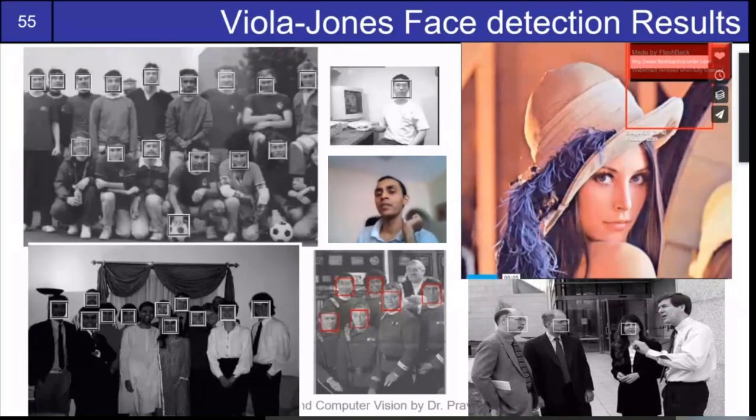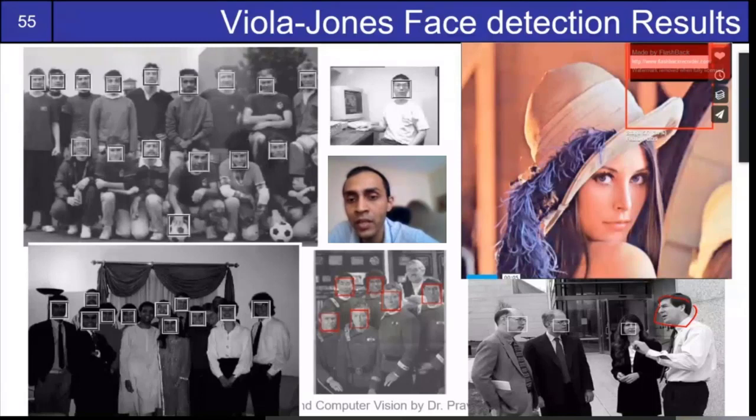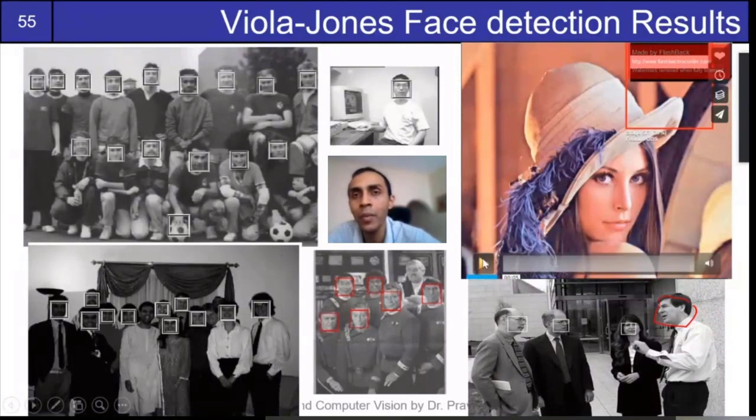But that can also be easily overcome if you add side-looking faces to your data sets. Then it is not a problem for this method to learn that case. So it works well, with reasonable accuracy and reasonable speed, even in low-computation environments like an embedded microprocessor in a camera.